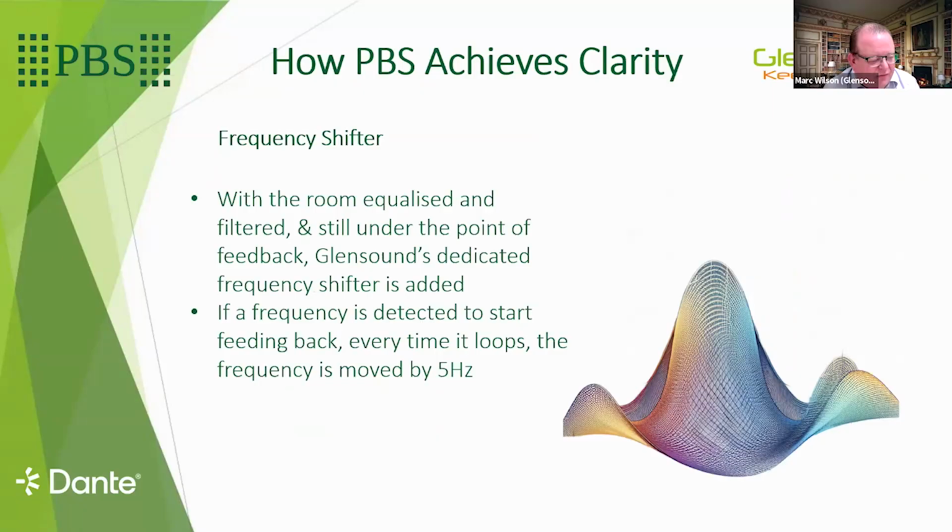As a frequency shifter, it's constantly monitoring the audio, and if it starts a feedback loop, it just moves the frequency by 5 Hertz every time it loops, which dramatically removes the chance of any significant feedback occurring. And remember, we're doing this at the moment still below the point of feedback in an empty chamber, which is the worst case scenario for any potential feedback.